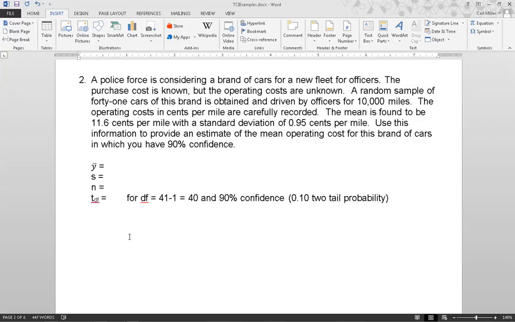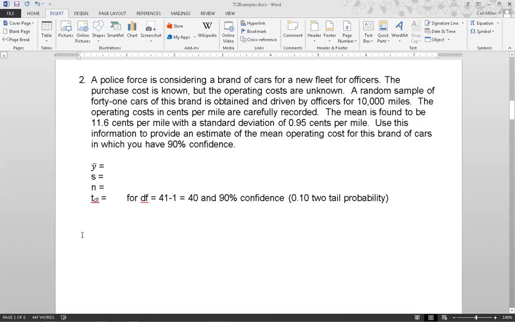The mean is found to be 11.6 cents per mile with a standard deviation of 0.95 cent per mile. Use this information to provide an estimate of the mean operating cost for this brand of cars in which you have 90% confidence.